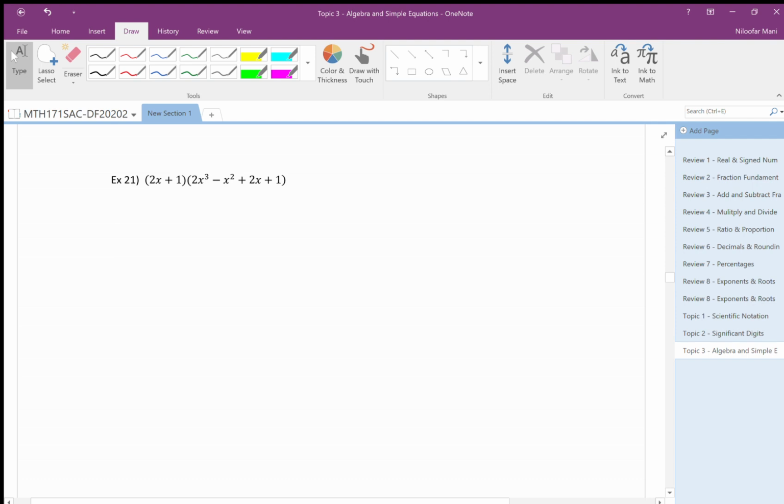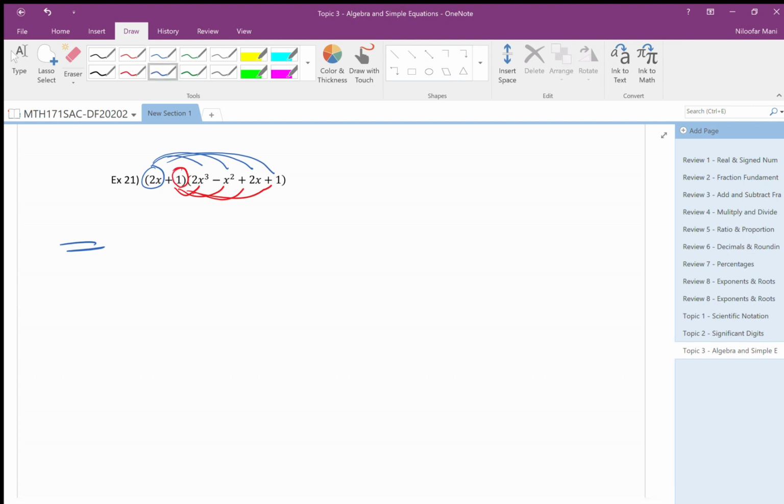When you are done with the first bracket, then you are done with multiplication, and then you can simplify it.